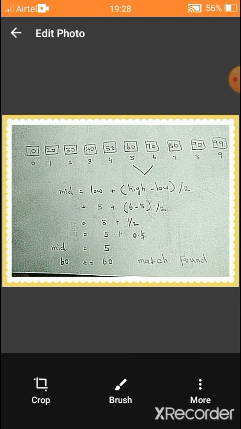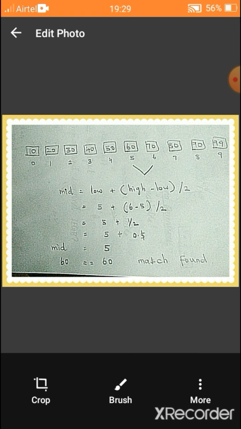Already we have seen up to the index 4. So just omit the index 0 to 4. Now we have to check the index 5 and 6 alone. So now we have to apply the formula for finding the middle value.